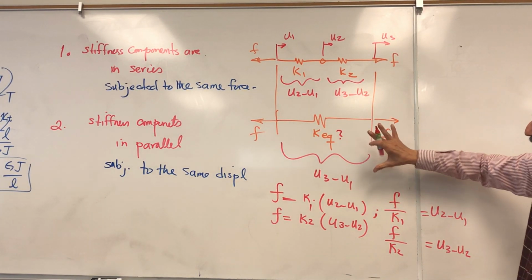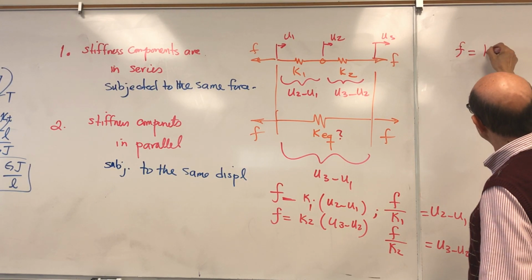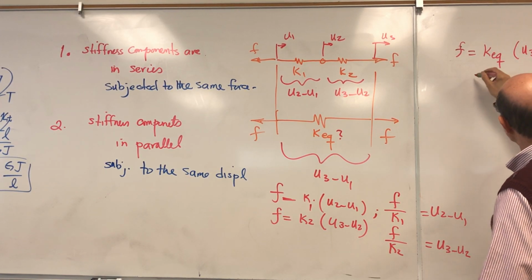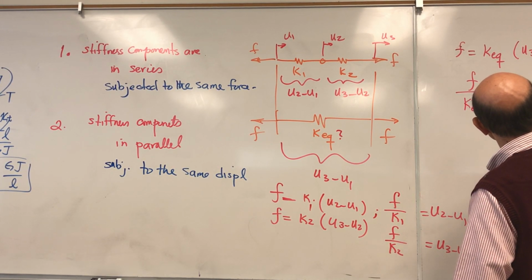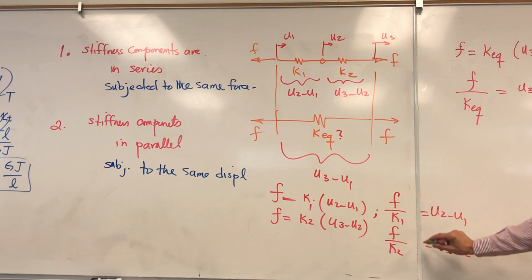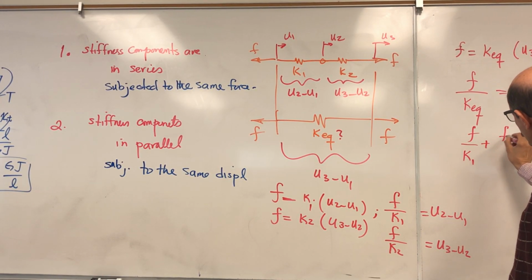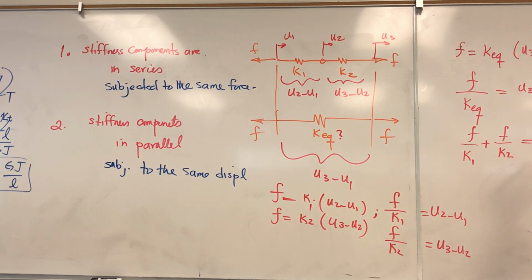How about for this equivalent system that is going to replace those two? We can write K equivalent, which we don't know what it is, times U3 minus U1, or I can write F over K equivalent is U3 minus U1, right? Interestingly enough, you see that if I add these two, in other words, F over K1 plus F over K2, okay, is U2 minus U1 plus U3 minus U2.